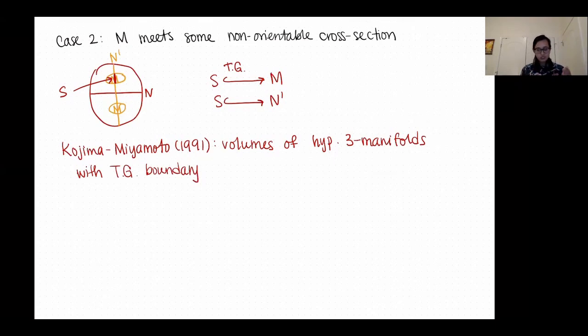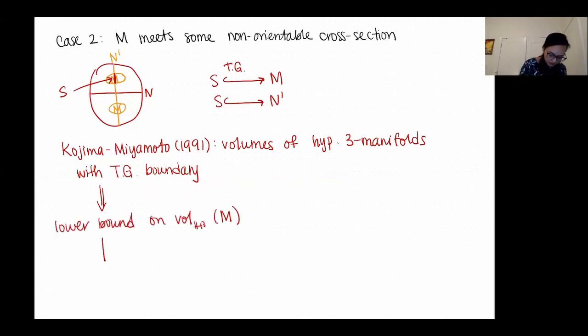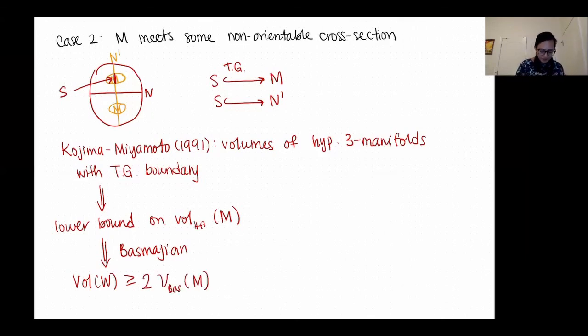This is what would happen if you take M and cut along S. This gives us a lower bound on the 3-dimensional hyperbolic volume of M. Now if I combine this with the Basmajian bounds, we again get a lower bound on the volume of W that is twice this bound we get from Basmajian related to the manifold M. Combining these two results, this is again a contradiction. Okay, thank you.